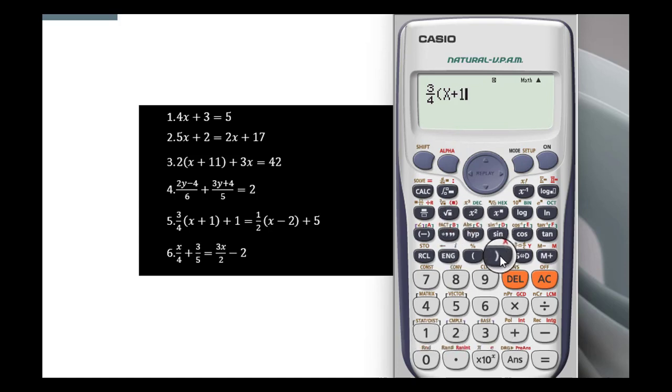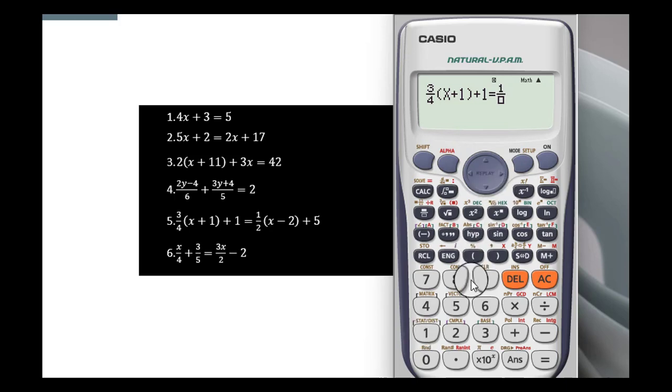Then you close the bracket. Plus 1, as you can see here, the plus 1. Then we need the equal sign. And how do you get it? We press alpha and of course this key up here or down here, and that will give us what? The equal sign. Now next we need the half. And to get our half, we have to first of all press the fraction key and then 1 for the numerator.